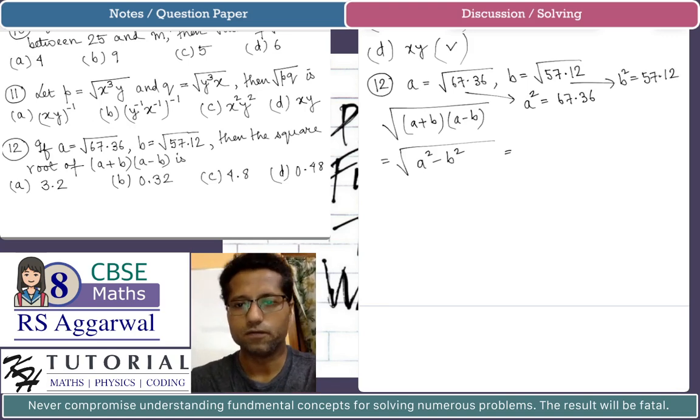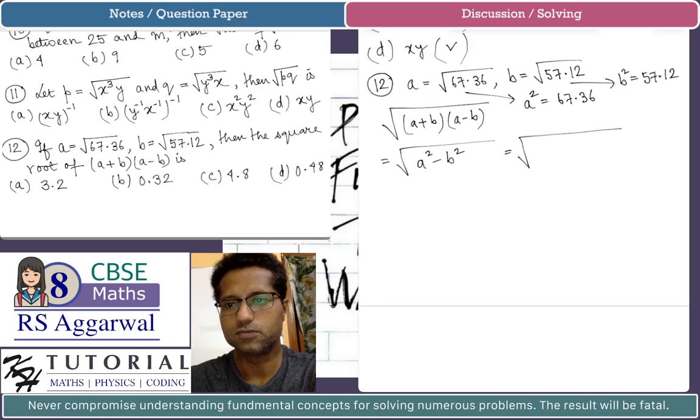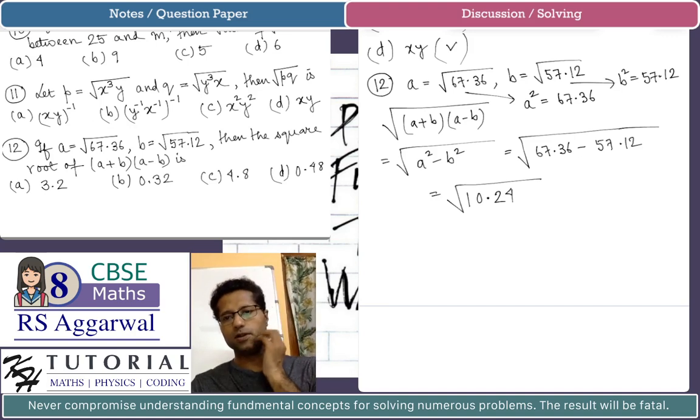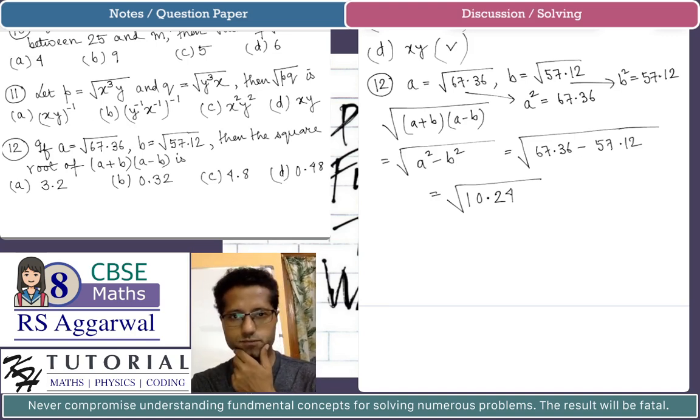So now square root of A square minus B square becomes square root of 67.36 minus 57.12. If you take the difference, it becomes 10.24. Now this is the actual value.